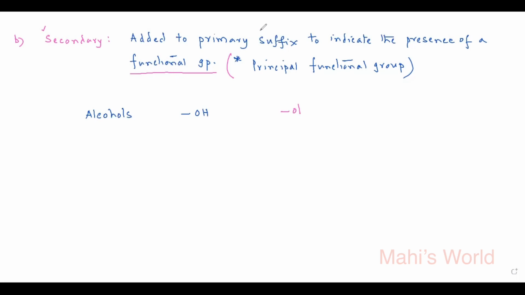Ol. Okay. Then, suppose, in case of aldehydes, where the functional group is C double bond OH, the secondary suffix is al. Similarly, say for ketones, the functional group is simple C double bond O. And for them, the secondary suffix is one.